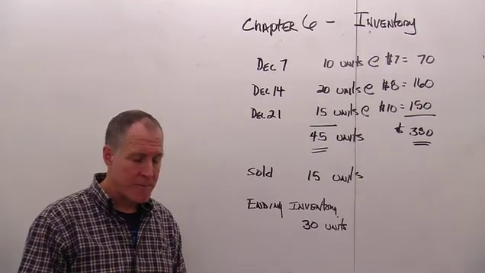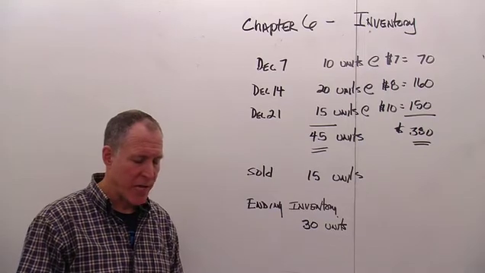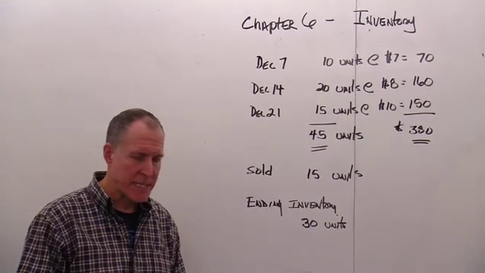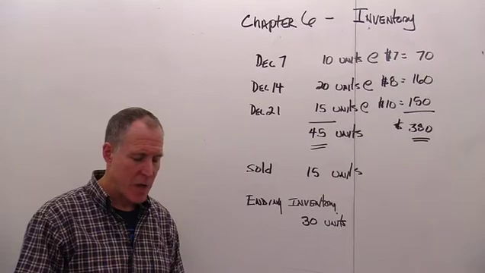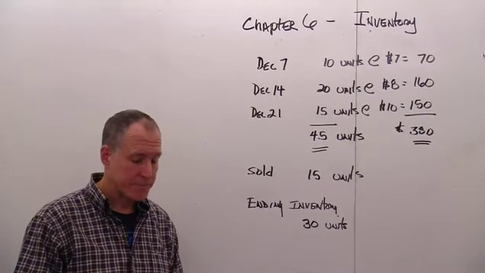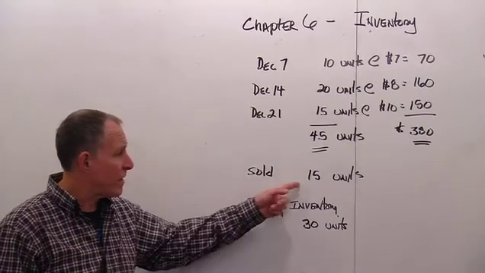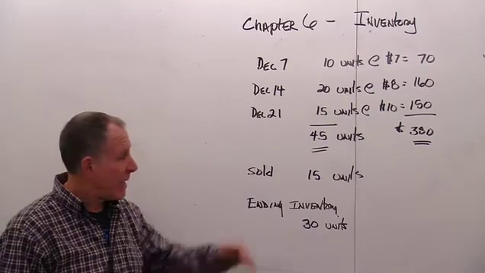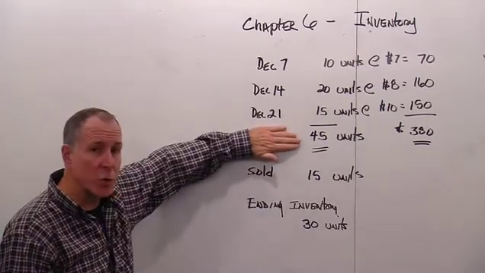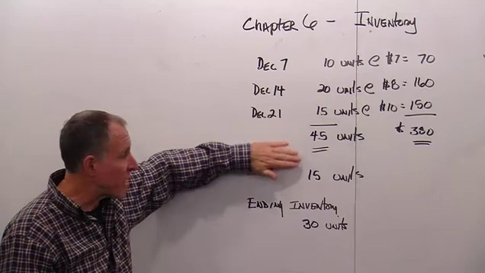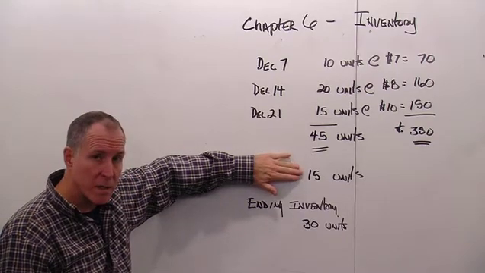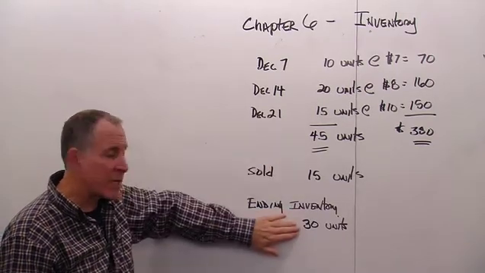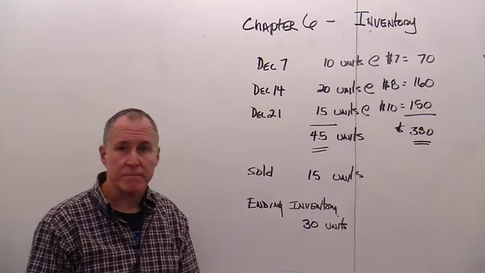Looking at the problem again, you'll notice that we made 2 sales, one for 5 units on the 18th and one for 10 units on the 25th. So we sold 15 units. If you have 45 units you could sell and you sell 15 of those, that means our ending inventory is 30 units.